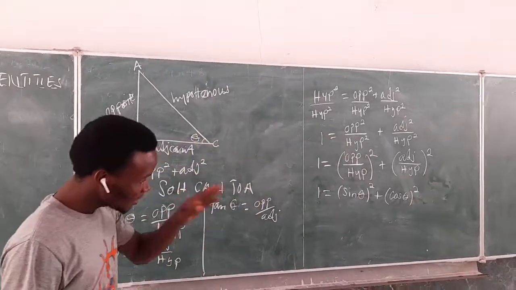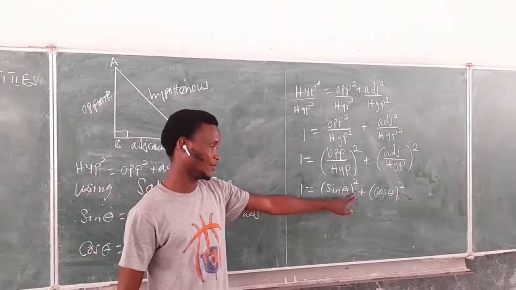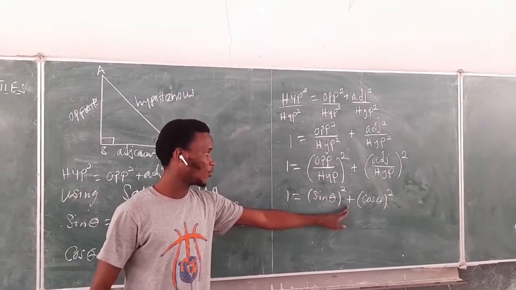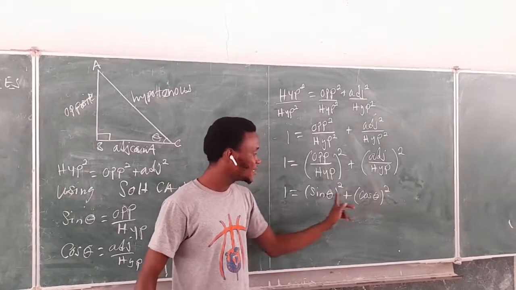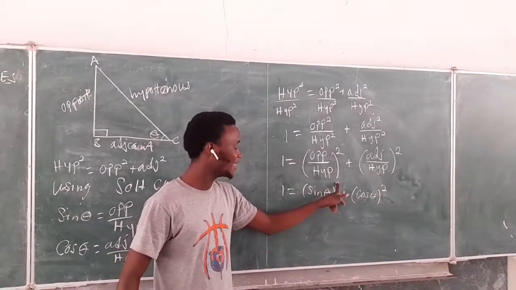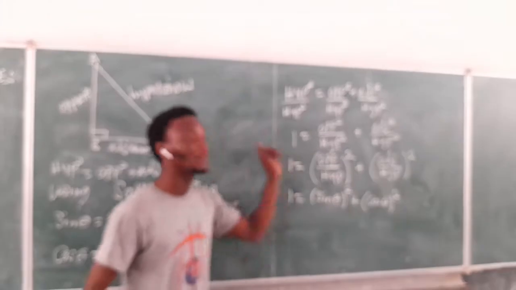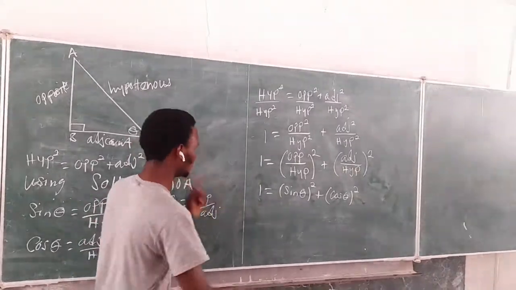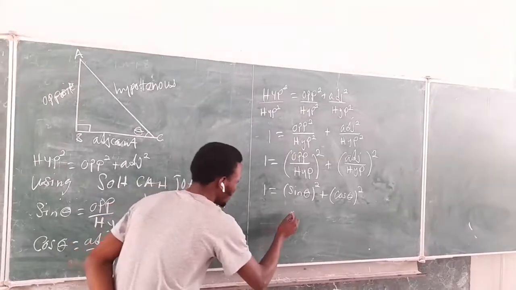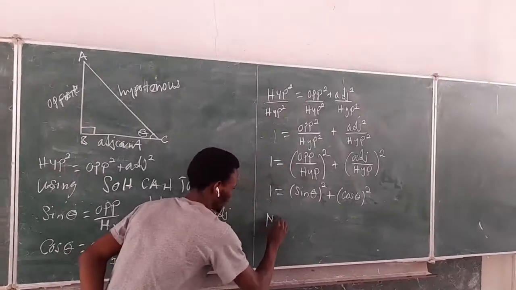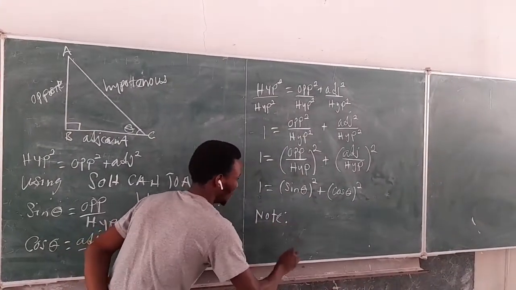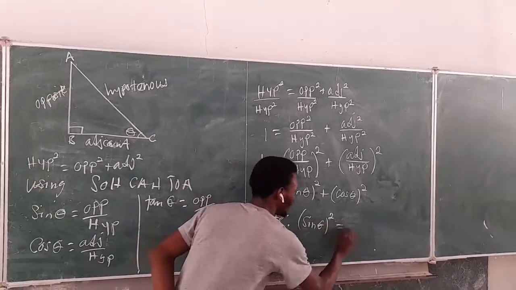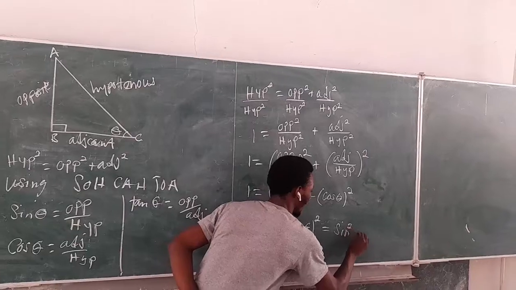Now, here again, one has to be very careful. In this sine theta squared plus cos theta squared, the square is affecting the function. It has nothing to do with the angle. Note, when you have sine theta whole squared, this is equal to sine squared theta.